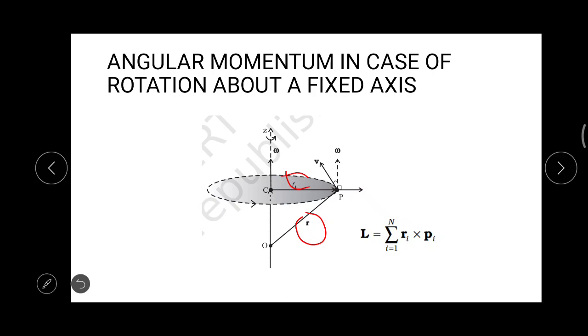Okay, so you know that if we want to find out the angular momentum of the particle P at the point, the angular momentum L is equal to r cross p.